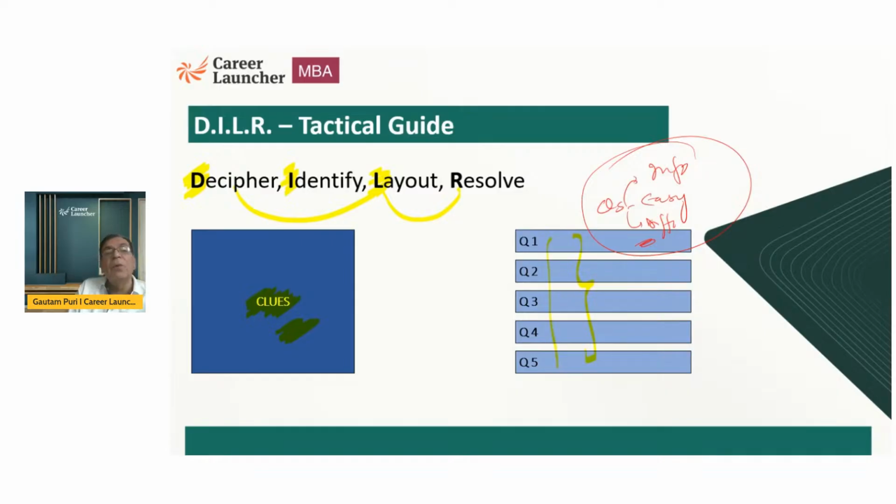So most students will say decipher, then layout, and then resolve. This is a linear process that we see in most students. In our case, that is not linear. Once you have deciphered, the other three are possibly going hand in hand. So sometimes it is going to be this, sometimes that, and it is going to be back and forth between layouting, resolving, and identifying the information. Okay, so that's broadly what we do.